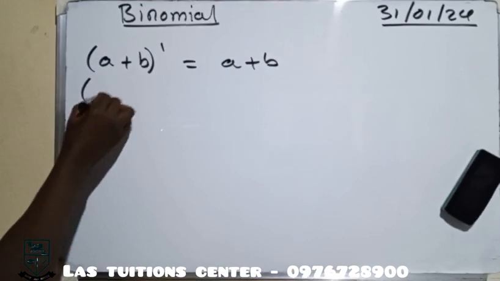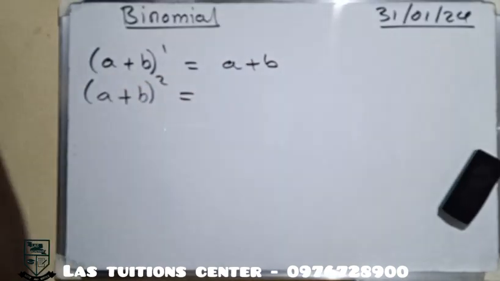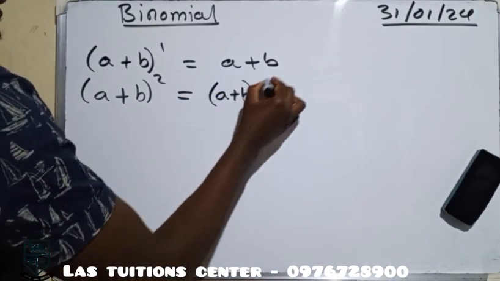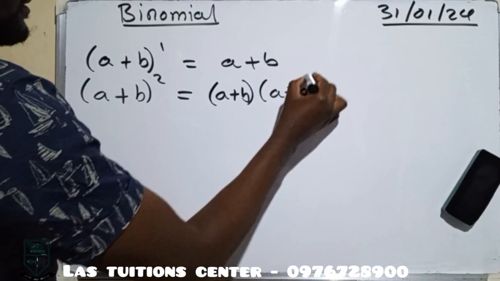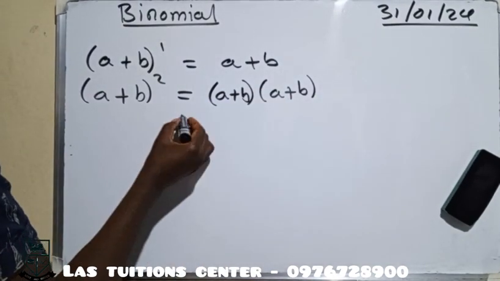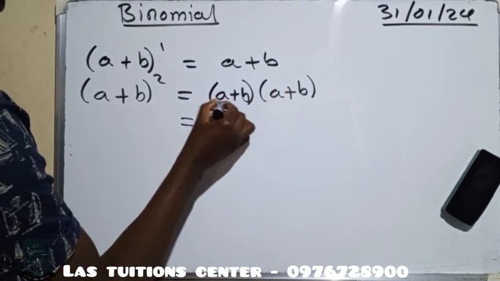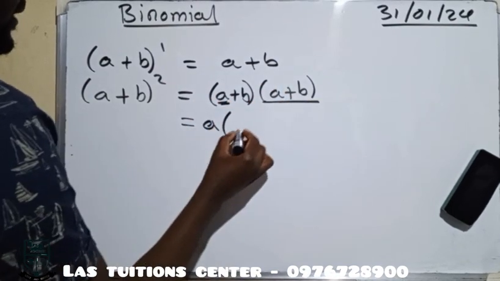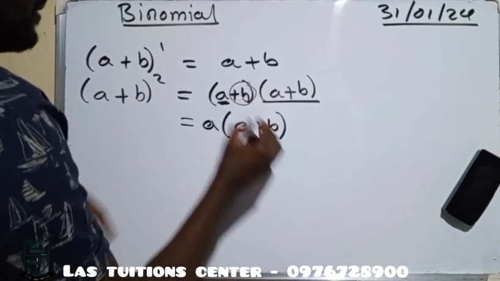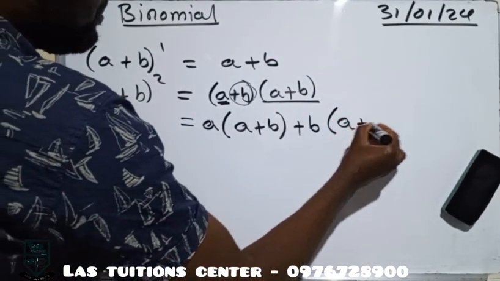If we have (a + b)^2, it means we have (a + b)(a + b), which we can work out: a multiplied by everything there, a + b, then the remaining b multiplying a + b.